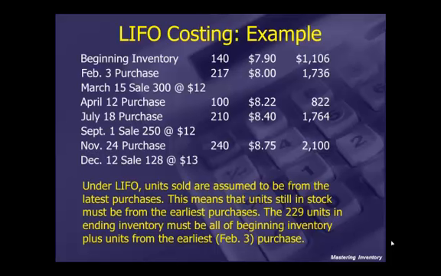That means the units that are still in stock are going to be from the earliest purchases. So the 229 units in ending inventory have to be the beginning inventory plus whatever units we need from the February 3rd purchase to equal 229. So they're the 140 from beginning inventory plus however many it takes to add up to 229.